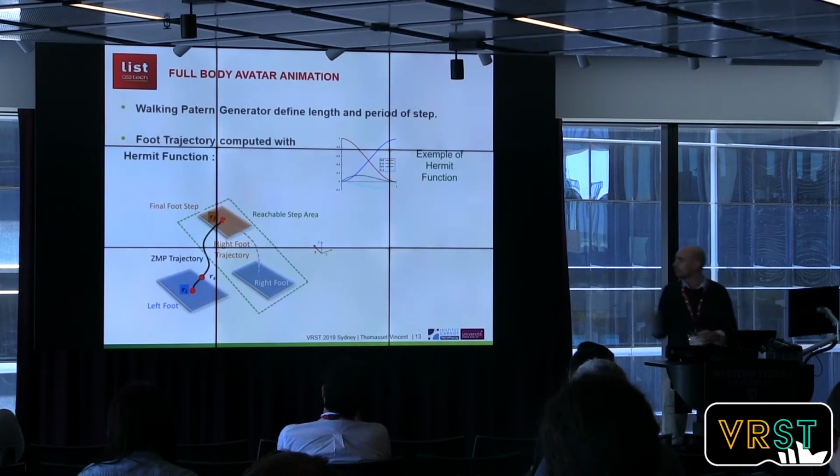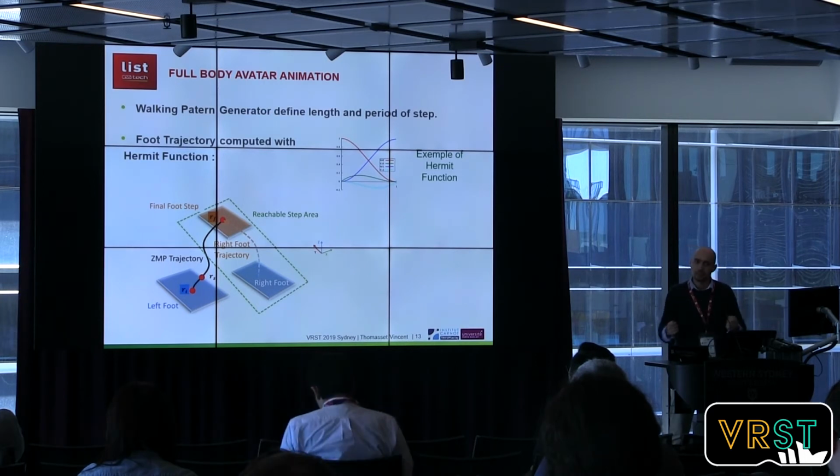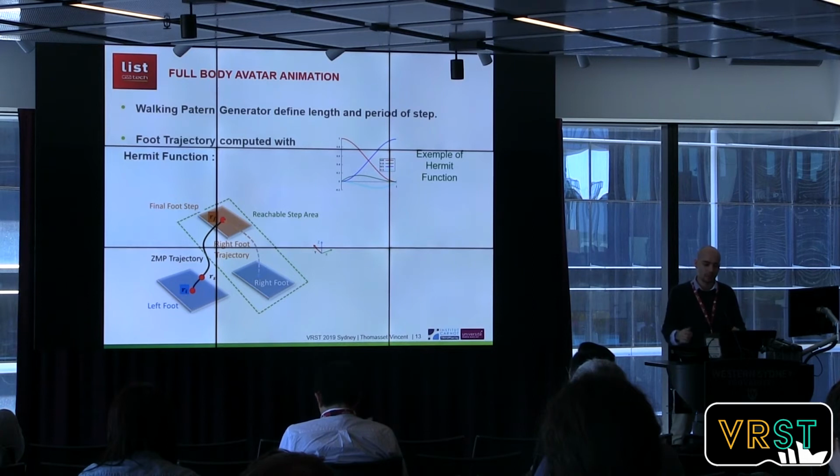So a last picture on the walking pattern generator, on how I'm moving the legs. With the previous method, I showed how I'm computing the final position of the foot, and now I'm showing how I'm computing the full trajectory of the foot over a step. Here I'm using a Hermite function.